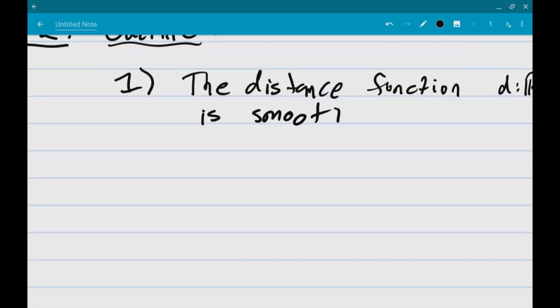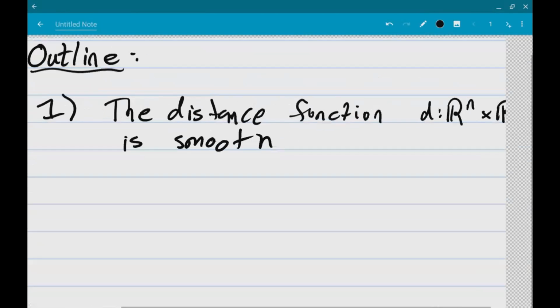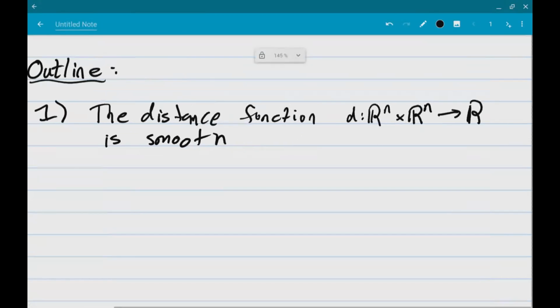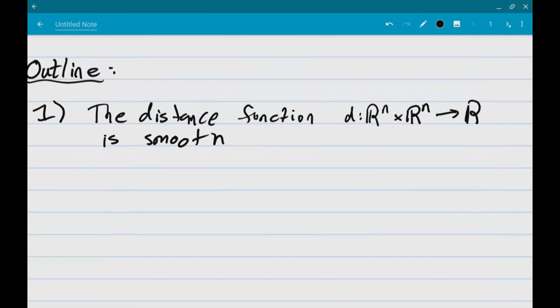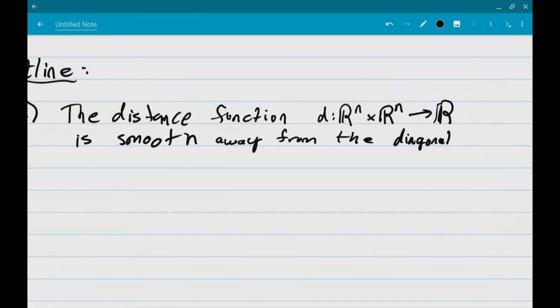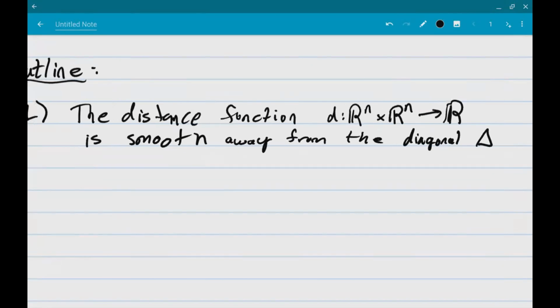Yeah. Okay. So let's just write out some steps here. The distance function, which is a map from R^n cross R^n into R, is smooth away from the diagonal, which I'll denote as capital delta.